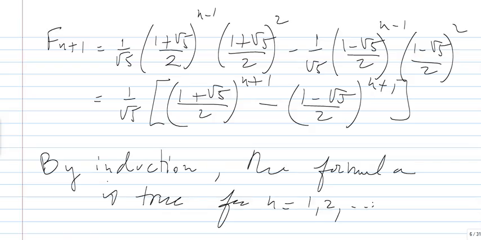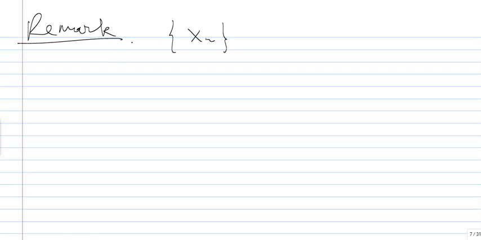So again, as I said, where are 1 plus square root of 5 over 2 and 1 minus square root of 5 over 2 coming from? The idea is, if you go back to the remark, so let's put it as a remark, we have basically a sequence x_n such that x_{n+2} is equal to x_n plus x_{n+1}.